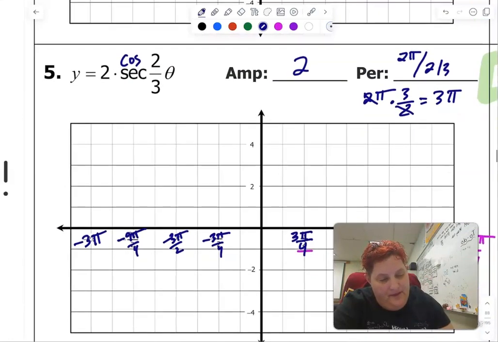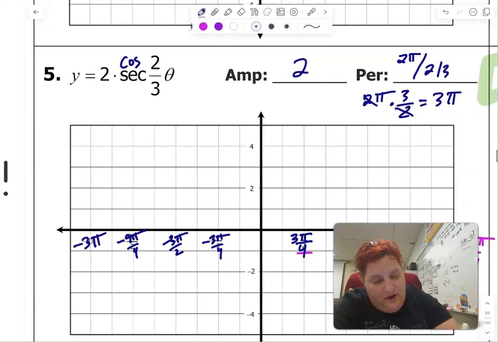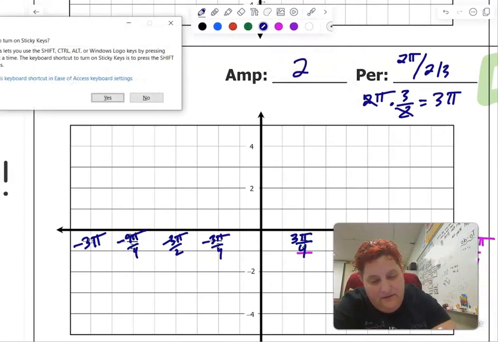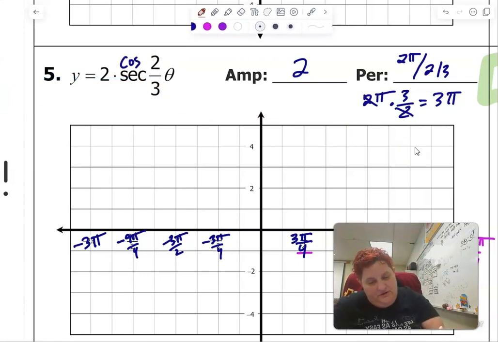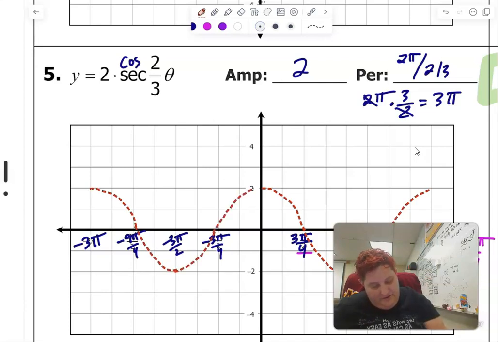Okay, I'm going to draw cosine with a dotted line. Remember, cosine starts at A, goes to 0. Oops, that one is a little too high. Okay, starts at 2, goes to 0, negative 2, 0, 2.